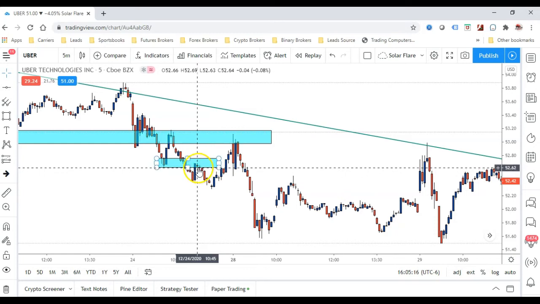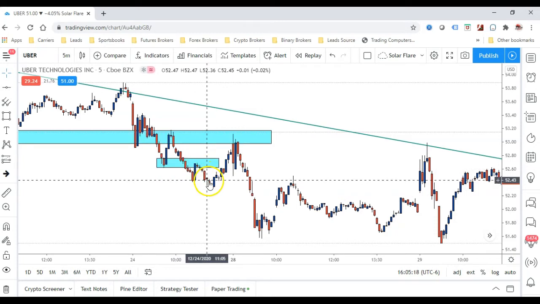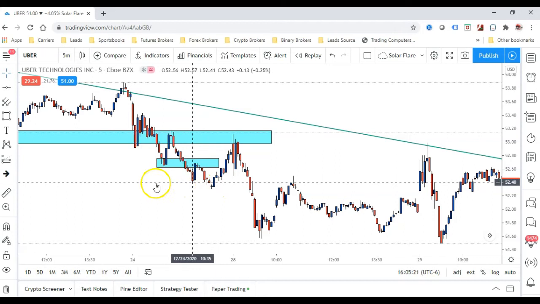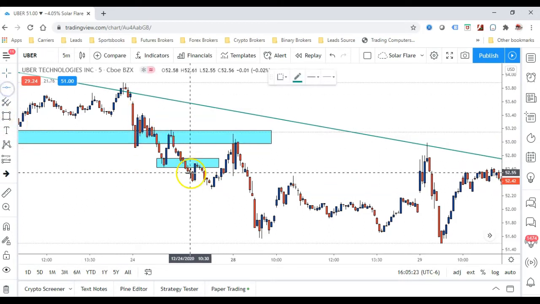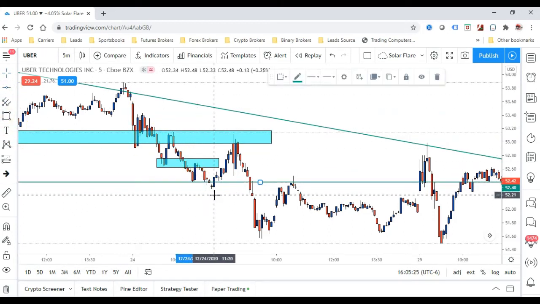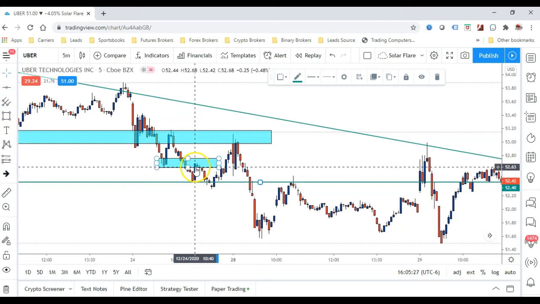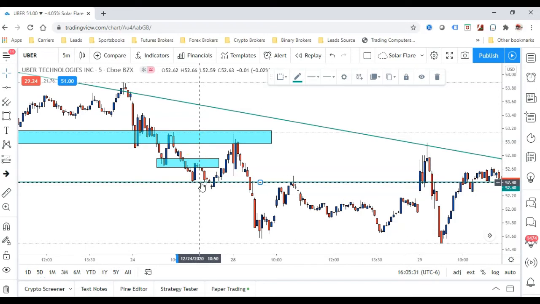But we got the candle here fired off, and then it came back down and hit our swing low, which is right there. So you would have got in at $52.63 and shorted that all the way down to $52.42.